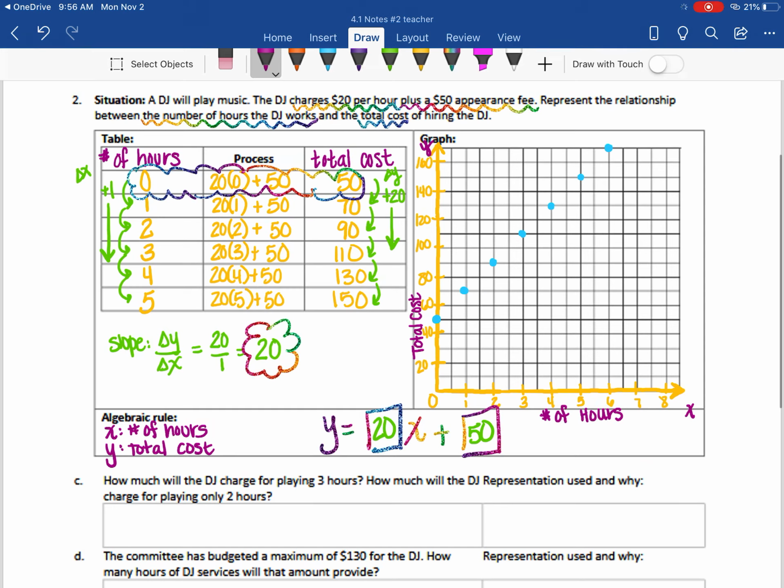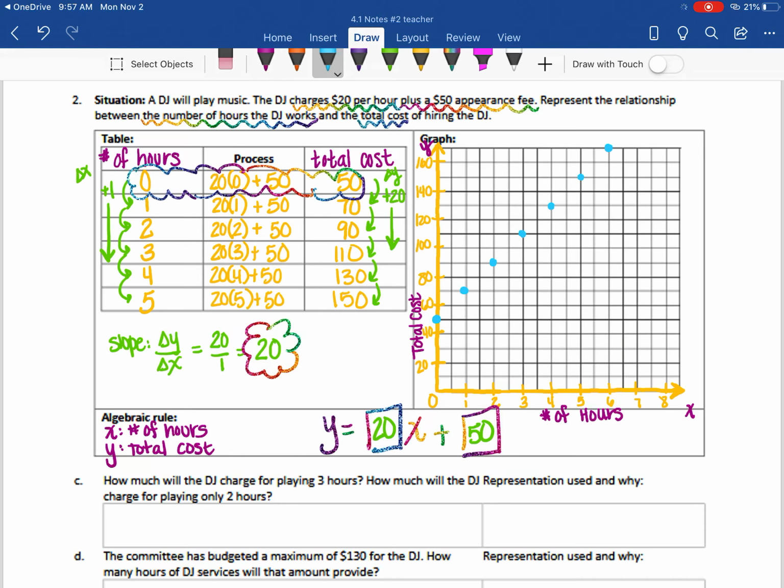Okay, so we are being asked, how much will the DJ charge for playing 3 hours? And also, how much will the DJ charge for playing only 2 hours? And then we're going to choose which representation we used and why. Okay, so let's take a look.